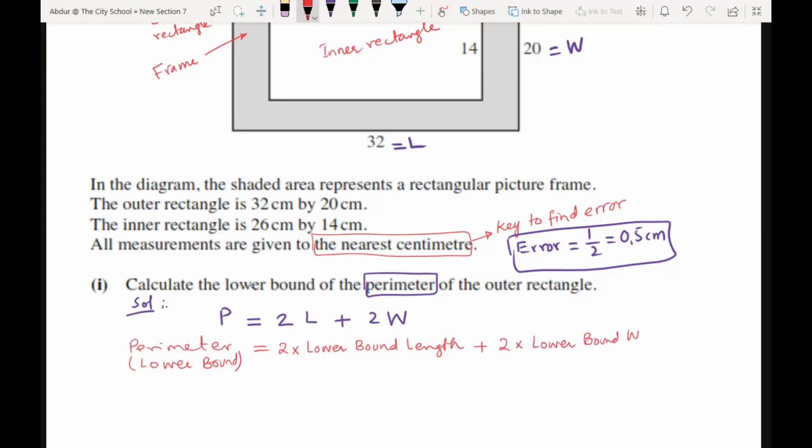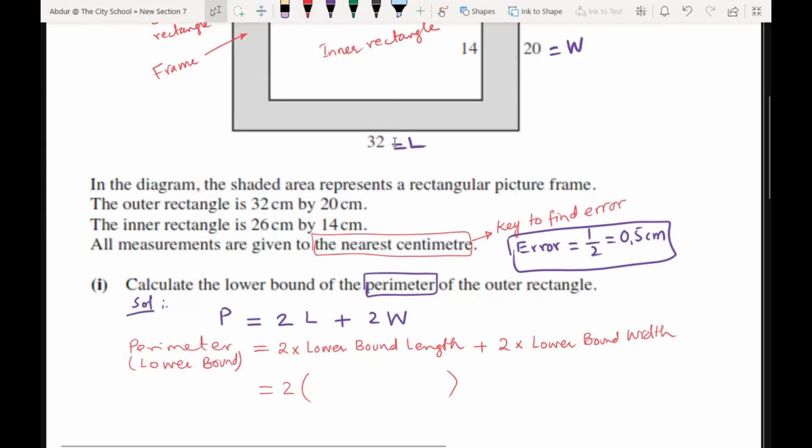I have explained in lesson number 2 that if you are going to add two quantities and find the lower bound, all values must be the lower bound. You have to take all lower bound values. So twice of lower bound length.